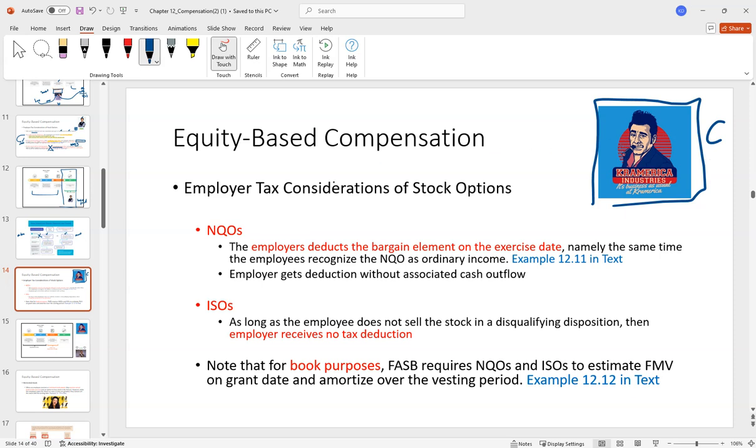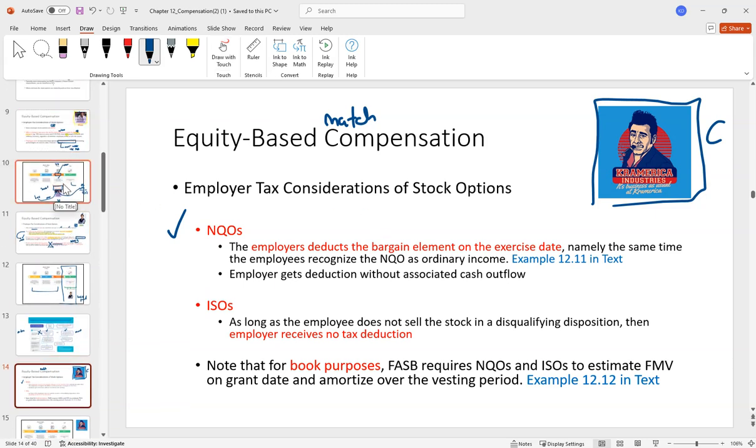Well, from Cramerica's standpoint, the general rule is we're trying to match, overall. So as a general rule, when the employee claims it as income, then we as Cramerica will equally get the deduction. That's generally what we try to do, but with ISOs, we'll see there's an exception here. So for non-qualified options, we said we're trying to match.